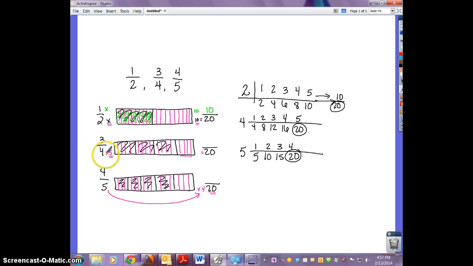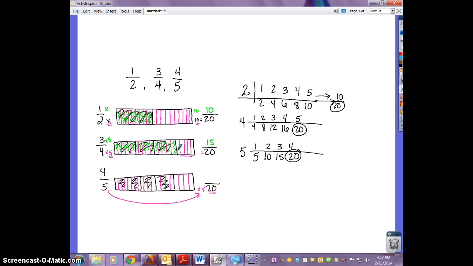So once again, 4 times 5 was 20, and what you do to the bottom, you have to do to the top. 3 times 5 is 15. 1, 2, 3, 4, 5, 6, 7, 8, 9, 10, 11, 12, 13, 14. Oh, I made a mistake. 15.